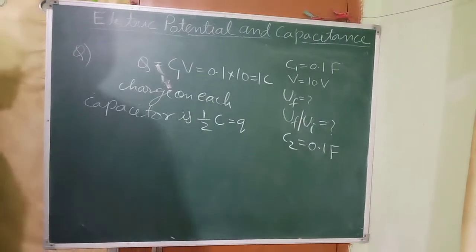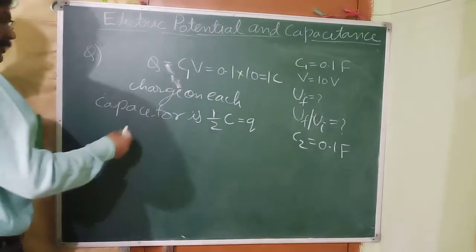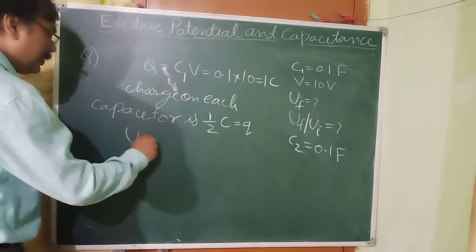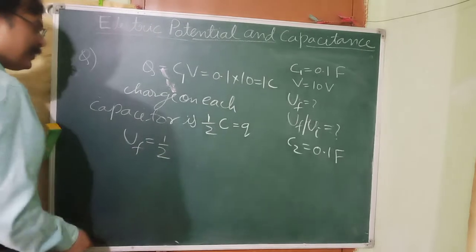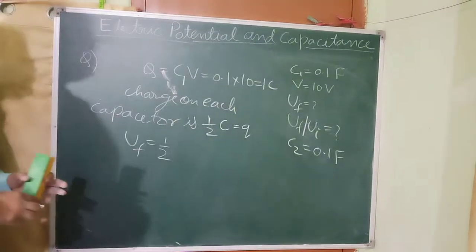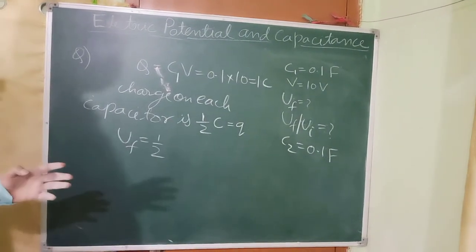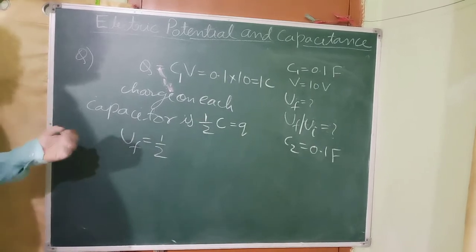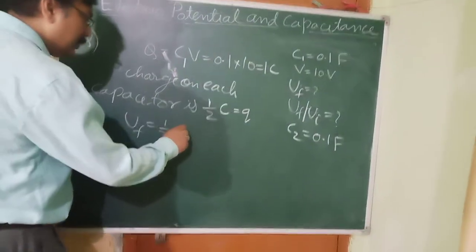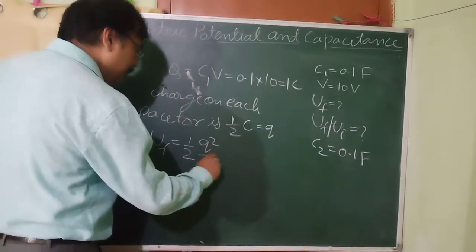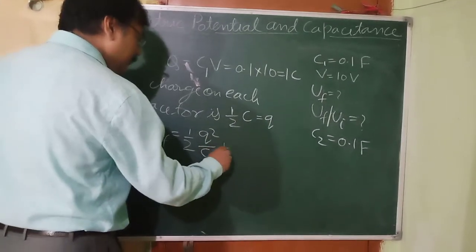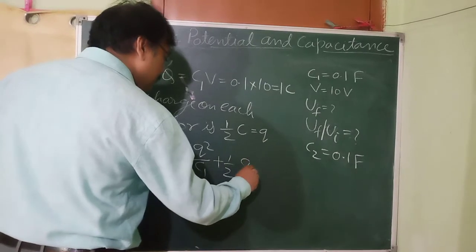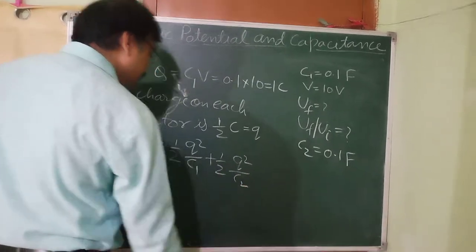Now what is the total energy? Final total energy is obviously half. Which formula is better to use? We have to use the formula half q square by C. So half q square by C1 for the first one, and for the second one half q square by C2.